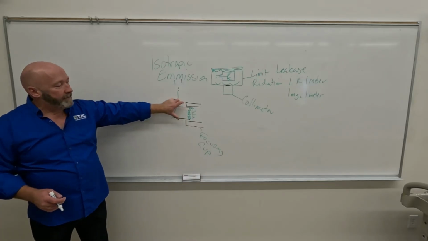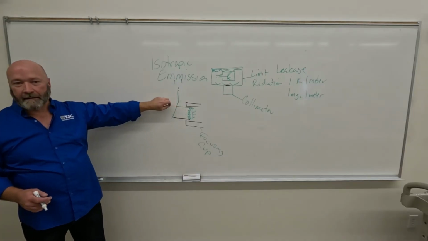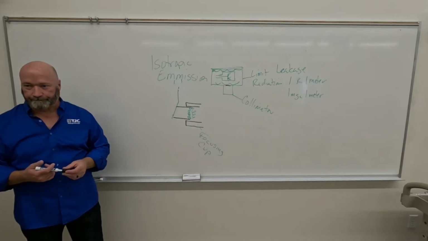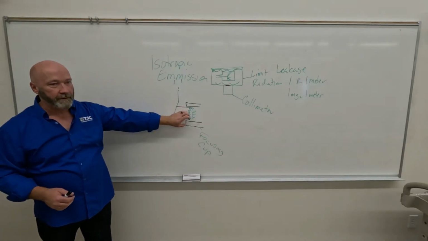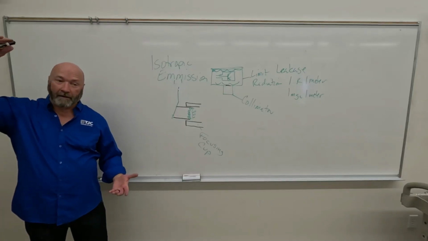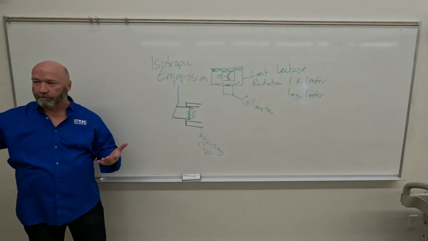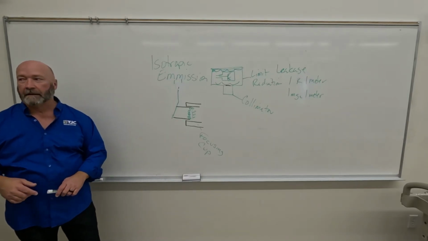But if we can keep them compressed as long as we can, then they have less time to spread out, and therefore we increase our sharpness of recorded detail. Okay? Focusing cup. Compresses a stream of electrons, so our electron cloud, our thermionic emissions, don't get too big and broad so that we lose sharpness of recorded detail.